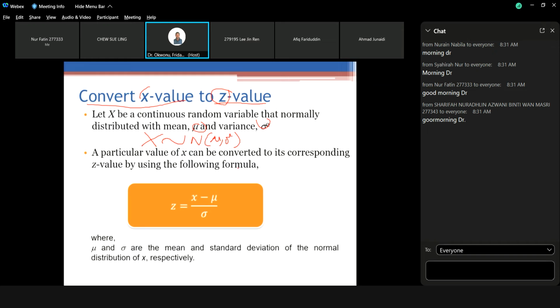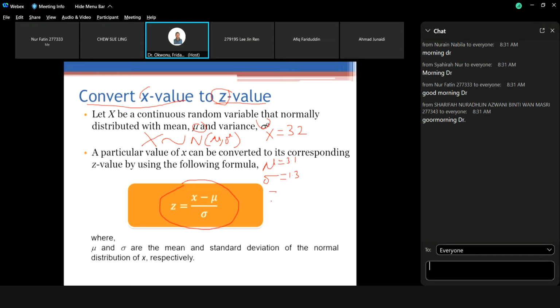For instance, for you to have a Z score or Z value, you must know the value of X, you must know the value of the mean given, you must know the standard deviation given. Okay, so based on this, if our X is 3.2, then our given mean is say 3.1, and this is 1.3.